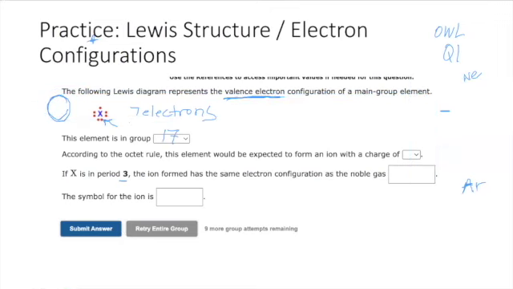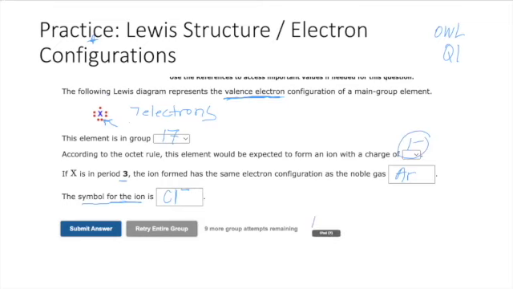So let's clear some of this here. I know my element is in group 17. It has a negative charge. And so here I'm putting the nearest noble gas, which for mine was argon, and I'm just putting the chemical symbol. I don't need to spell it all out. Now it's asking me the symbol for the ion. We determined that my element was chlorine, so what it's looking for is the chemical symbol with the negative charge, right?